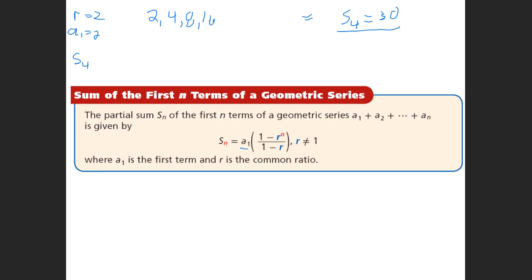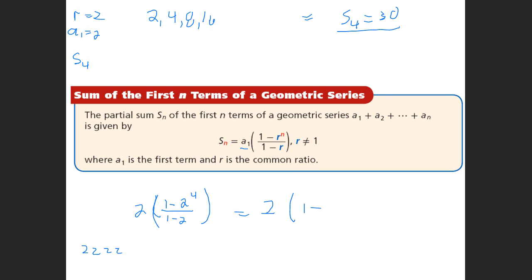So a sub 1 is 2. 1 minus r, well, our r value was 2, right? To the nth power, well, that was to the 4th power, over 1 minus r, so that's 1 minus 2. It doesn't look like this is going to equal 30, but let's just try it. So I've got 2 on the outside, and then 1 minus 2 to the 4th. Well, 2 to the 4th, 2 times 2 times 2 times 2, so that's 4, 8, 16.